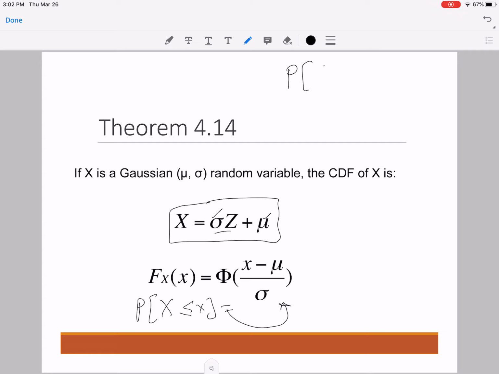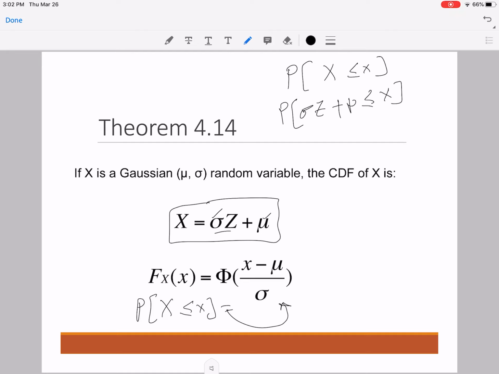So let's say that we need to find the probability that capital X is less than or equal to small x. Now, the property of Gaussian random variable tells you that x can be written in terms of the standard normal random variable as sigma z plus mu.